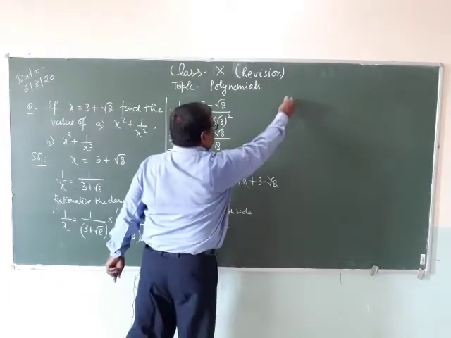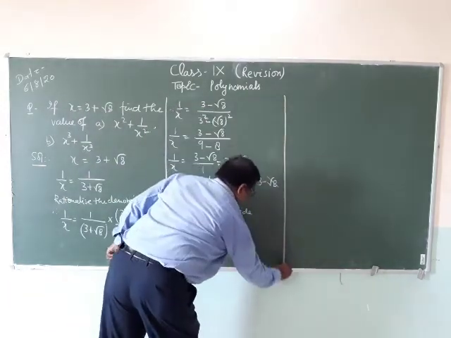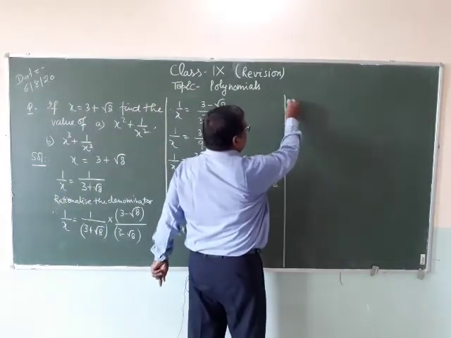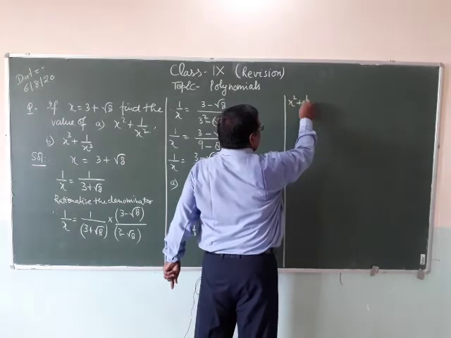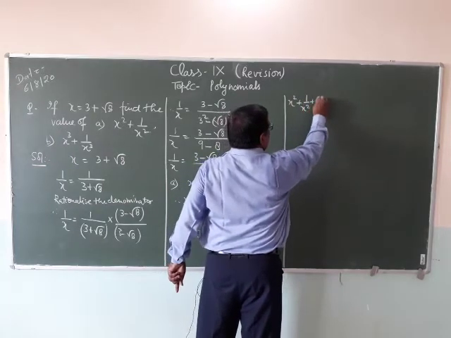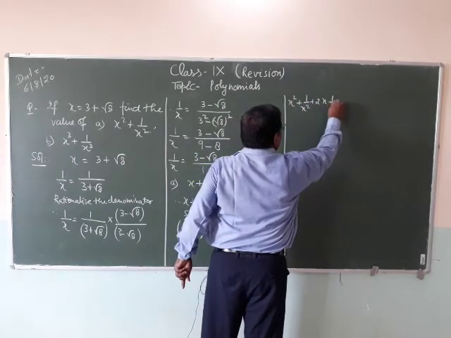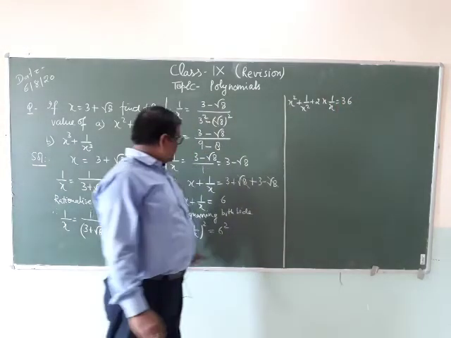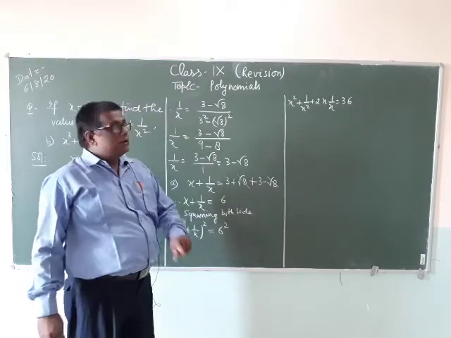Now a plus b whole square is a square plus b square plus 2ab, equal to 36, since 6 square is 36.